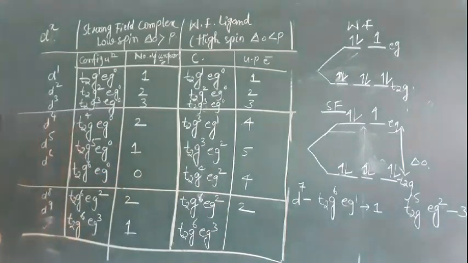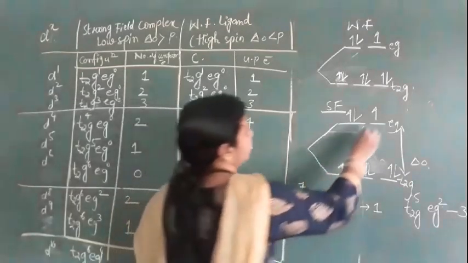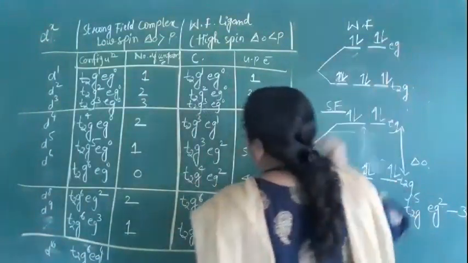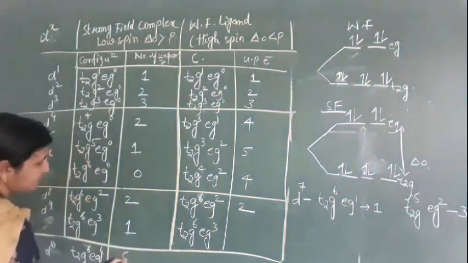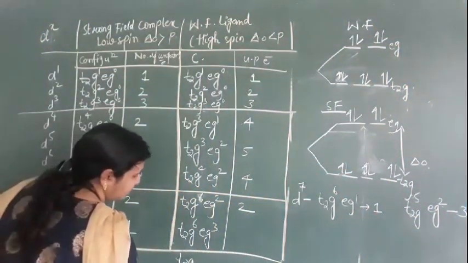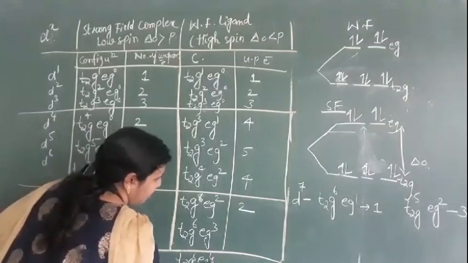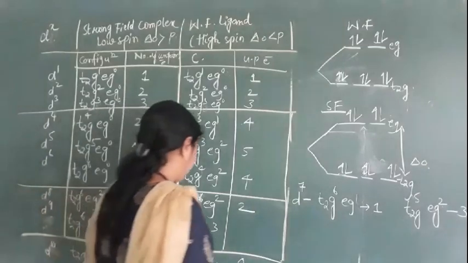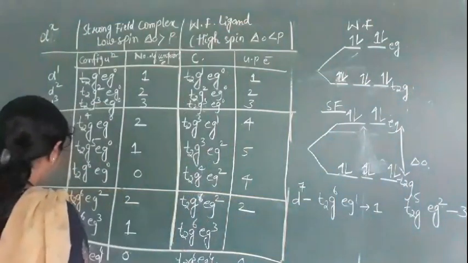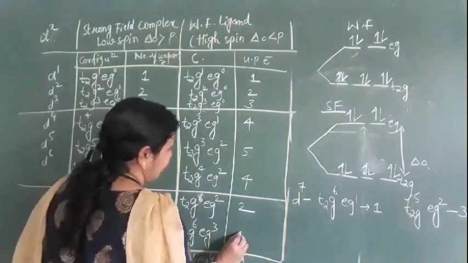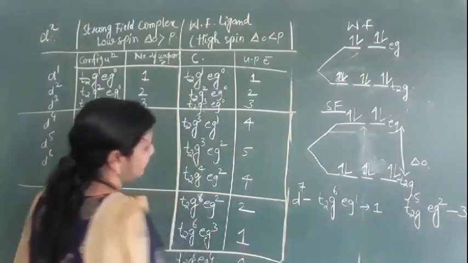And last, d10: t2g6 eg4, the fourth electron enters here, and the number of unpaired electrons is 0 for both. In the d9 case, the number of unpaired electrons for weak field is 1.